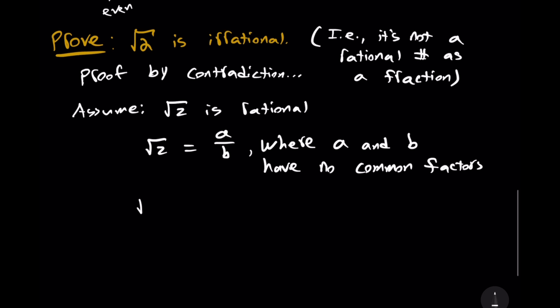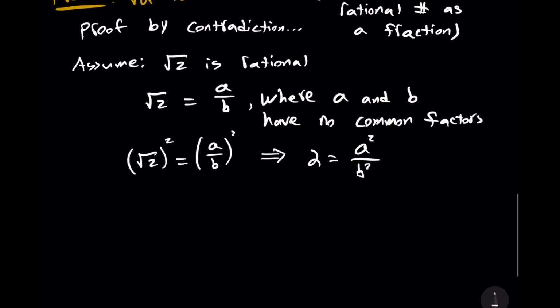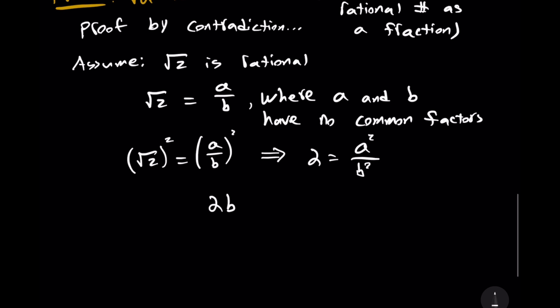So we'll say square root of 2 is equal to a over b. We'll square the left-hand side and, of course, the right-hand side. And from there, we get 2 is equal to a squared over b squared. We can then multiply the left-hand side and the right-hand side by b squared. So we can get 2b squared is equal to a squared.